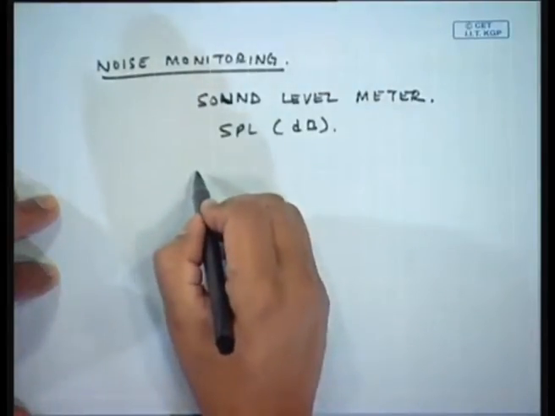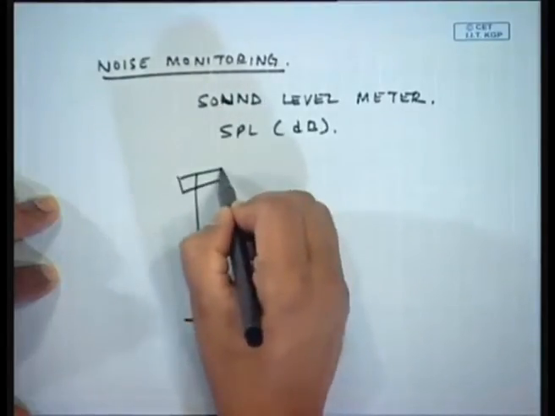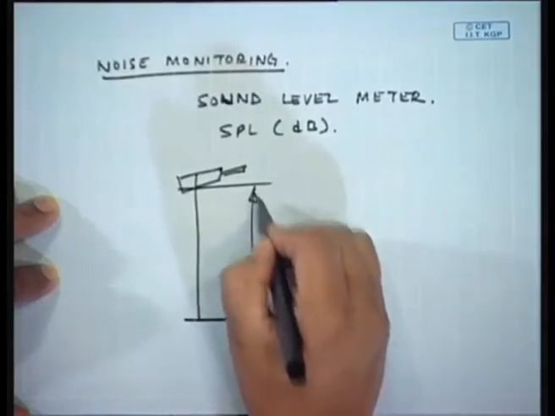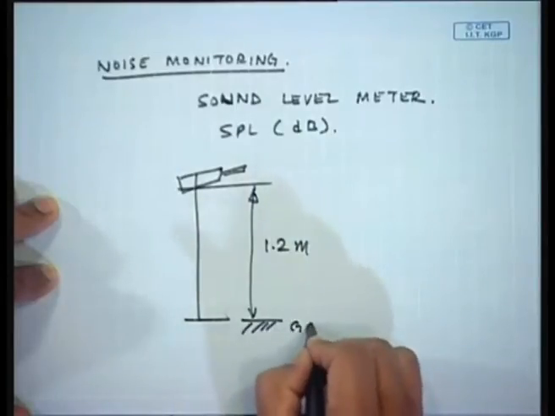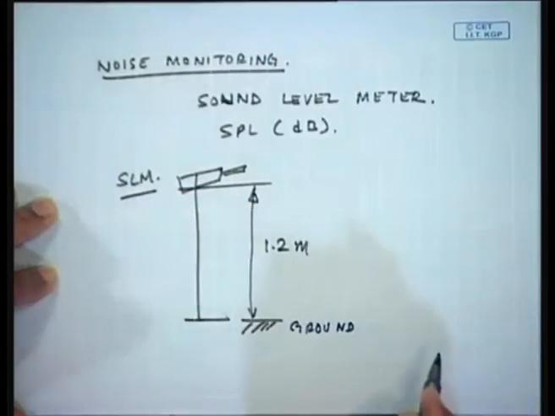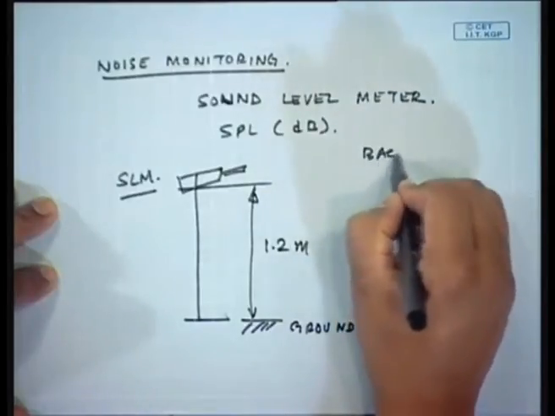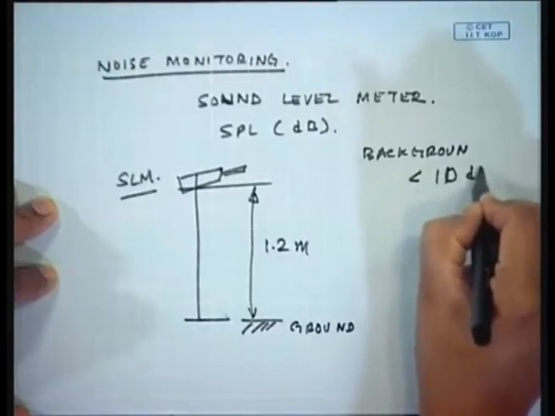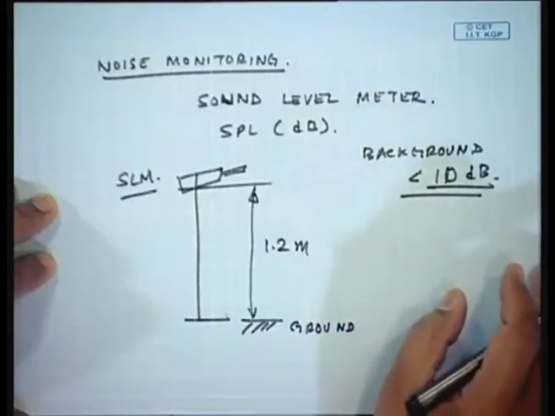Now, the convention is that this sound level meter should always be at a distance of about 1.2 meter from the ground. Okay. And again ensure that the background is less by 10 decibels. Okay. That is the only thing you have to take care of.